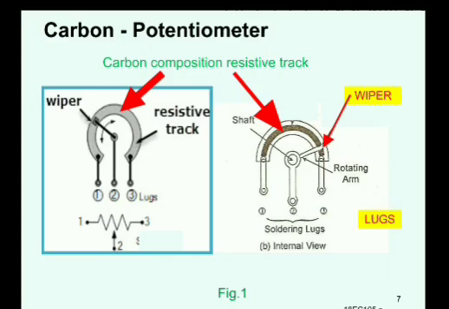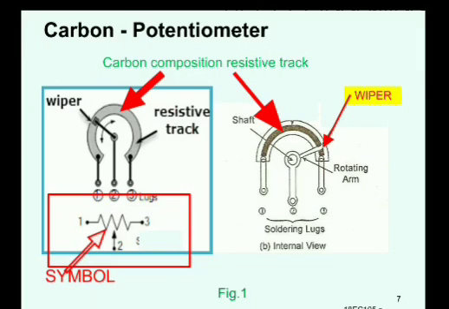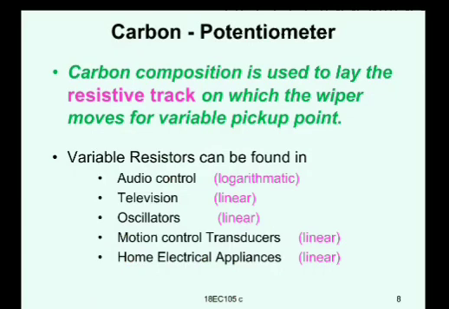Here you can see that 1, 2 and 3 are the terminals or lugs for soldering into the circuit. Then the symbol of the potentiometer is this one at the bottom left, getting highlighted. You have terminals 1, 2 and 3. 1 and 3 are fixed terminals, and 2 is the variable terminal.